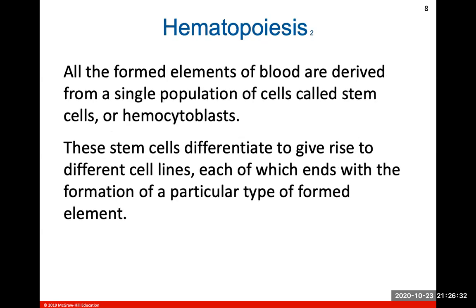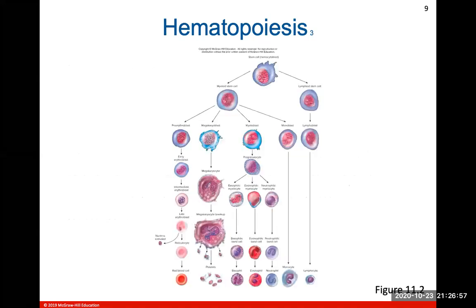All your formed elements of your blood, and again, when we say formed elements, we mean all the blood cells and fragments, so pretty much anything other than the plasma, are derived from a single population of cells called stem cells or hematocytoblasts. And these stem cells will differentiate to give rise to different cell lines, each of which ends with the formation of a particular type of formed element.